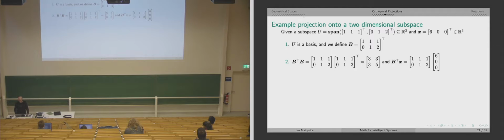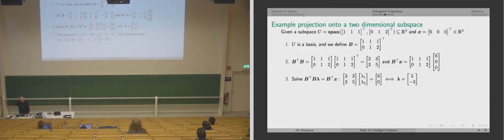Then we multiply X by B transpose. We solve the normal equation here, which we could have gotten by computing the pseudo-inverse. We don't have to compute the pseudo-inverse, right? We can do it by Gaussian elimination, just the same.